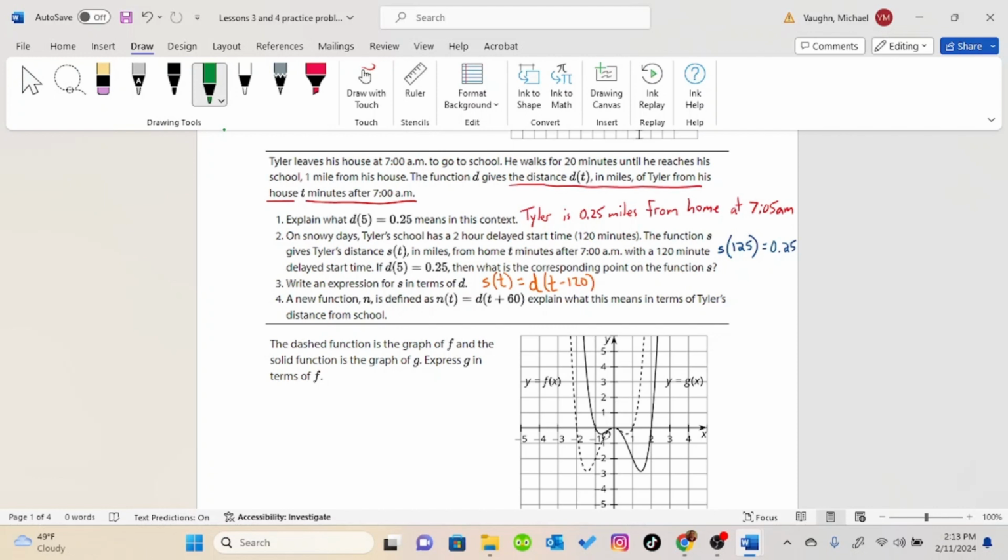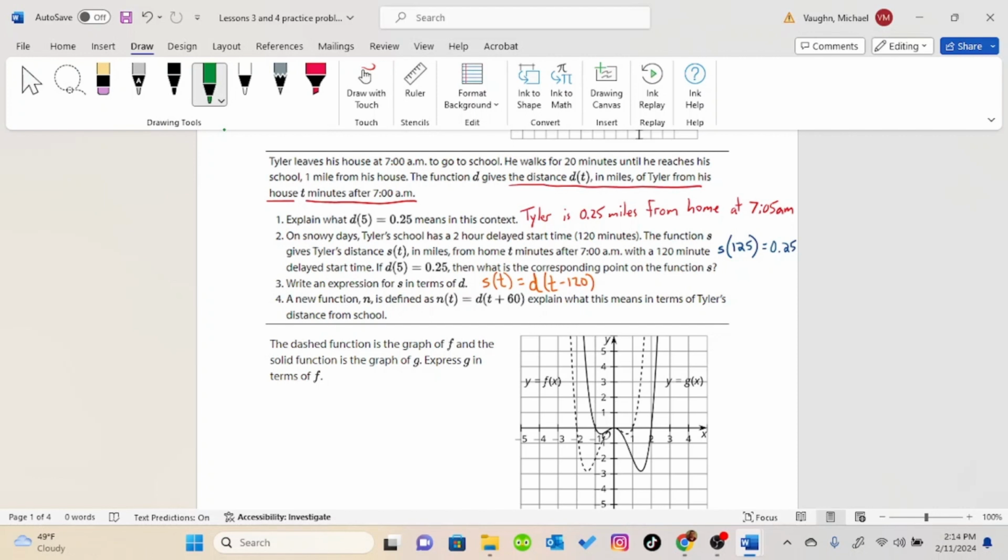Now, a 120-minute delay meant we were subtracting 120 minutes. So if we're adding 60, that means Tyler left to start walking 60 minutes earlier.